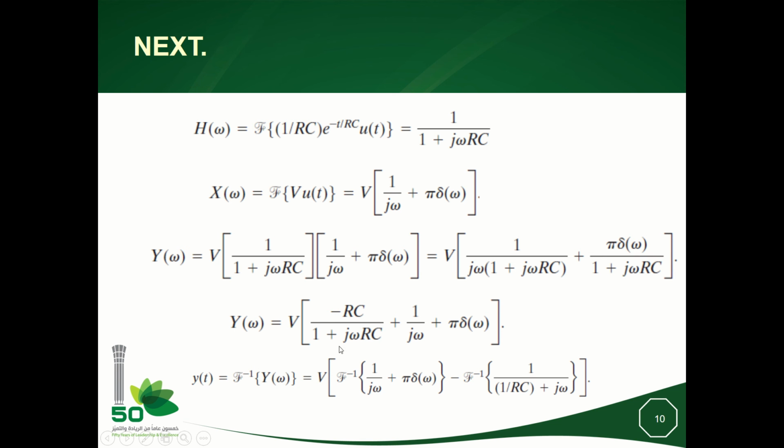So this term is written as, if I divide by RC up and down, this multiplied by V, of course, plus the inverse Fourier transform of this multiplied by V. So we put the V outside and we calculate the Fourier transform of the remaining terms as indicated here.